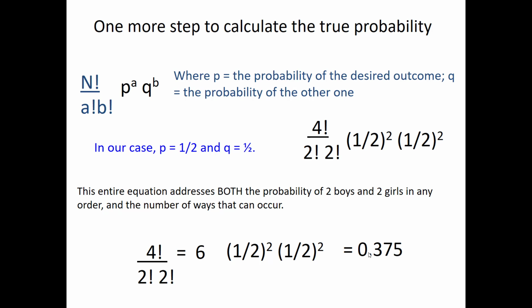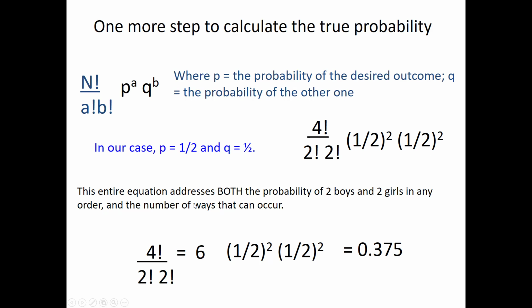So the probability of having 2 boys and 2 girls in a family of 4 would be this term, 4 factorial over 2 factorial times 2 factorial, times the probability of having a girl, which is 1/2, and there are 2 girls, so we square that, and then it's also 1/2 for boys, so we square that.